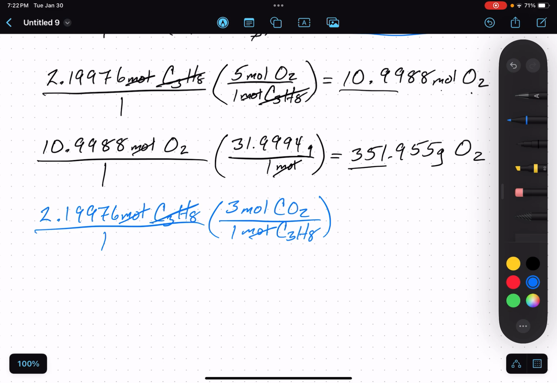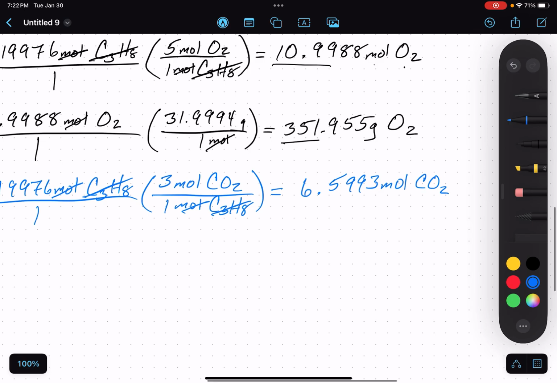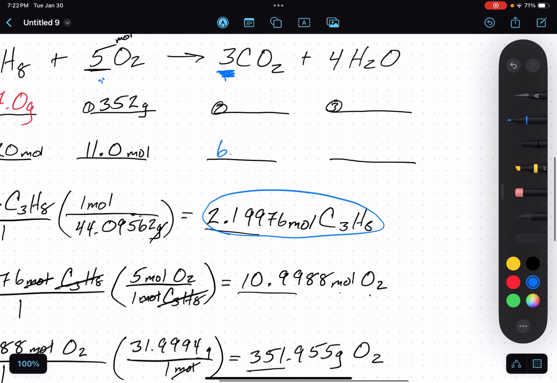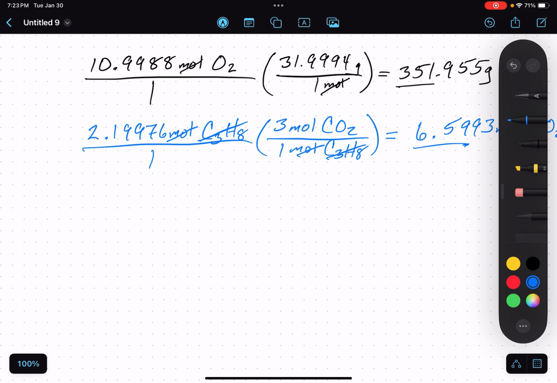Moles cancel out, and propane cancels out. 2.19976 times 3 divided by 1 comes out to be 6.5993 moles of CO2. Round to 3 significant figures, so I'm going to round it to 6.60 moles of carbon dioxide.